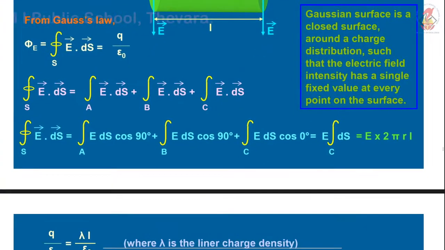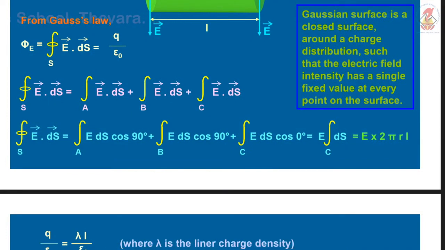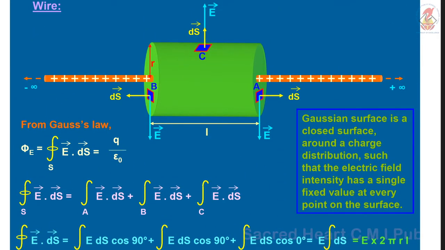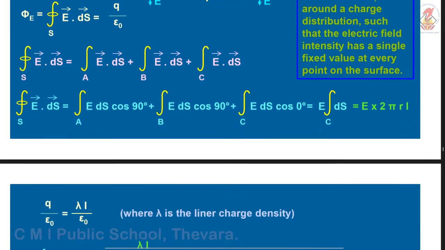Phi is equal to surface integral E dot ds, which is q by epsilon 0, and the surface integral E dot ds is split into three parts. Integral E dot ds along the surface A, integral E dot ds along the surface B, and integral E dot ds along the surface C. As we discussed in the figure, along the surface A and B, theta is 90 degree, so cos 90 will be 0, and at the surface C, theta is 0 degree, so cos 0 is 1.